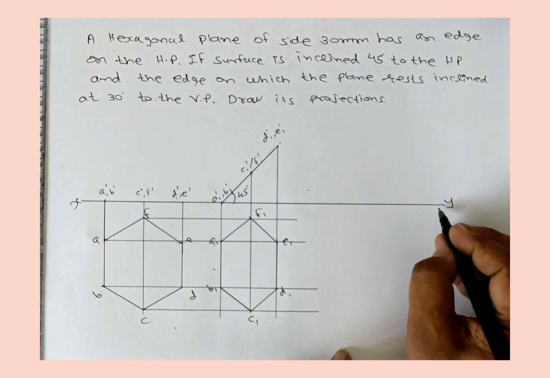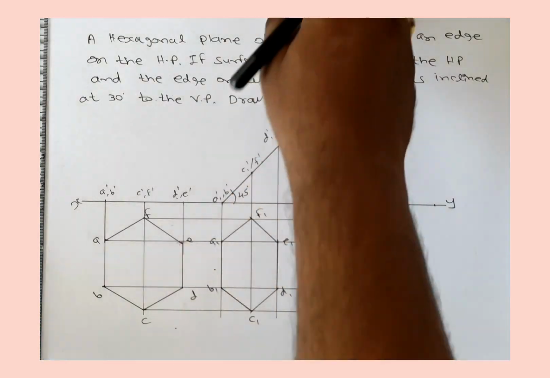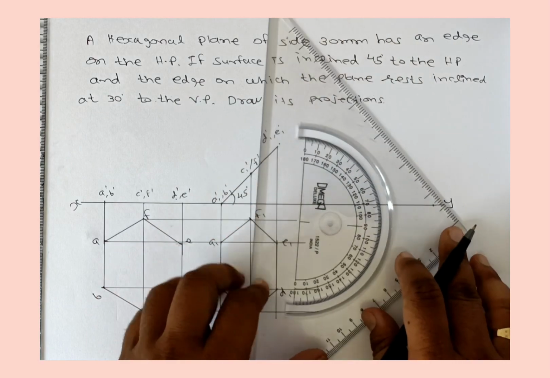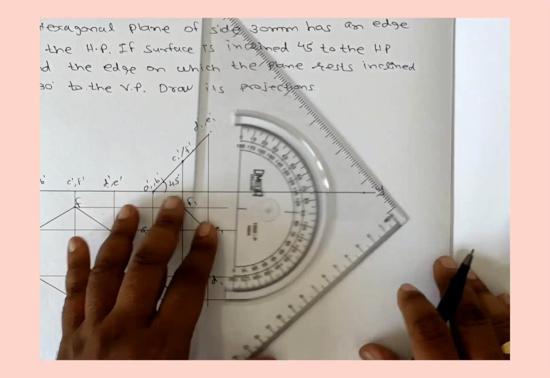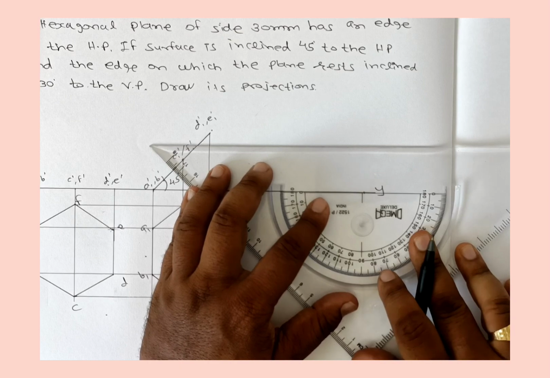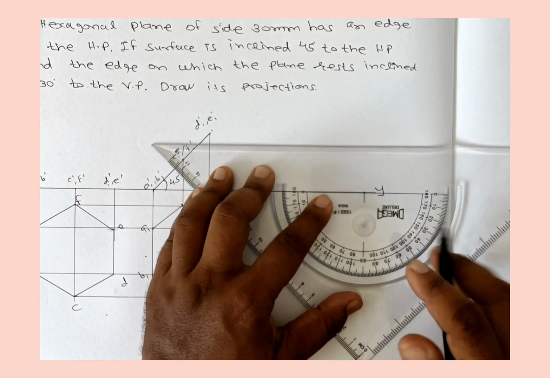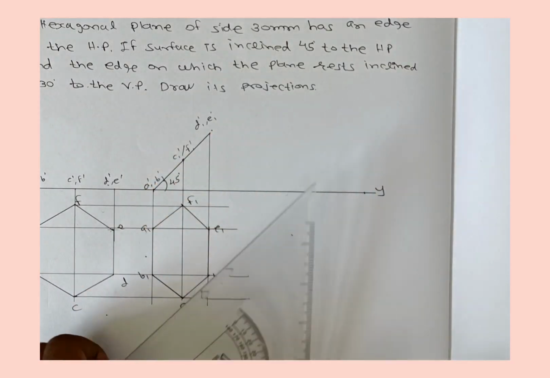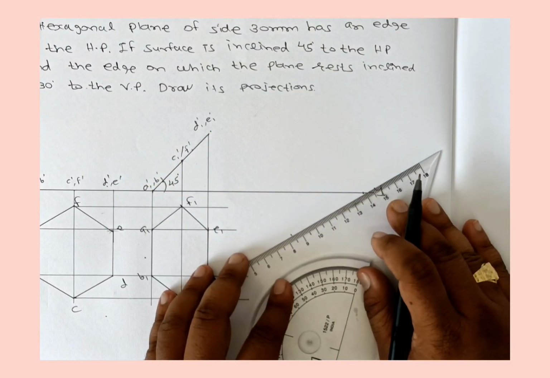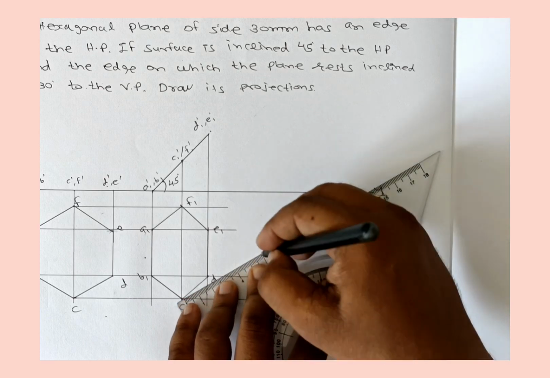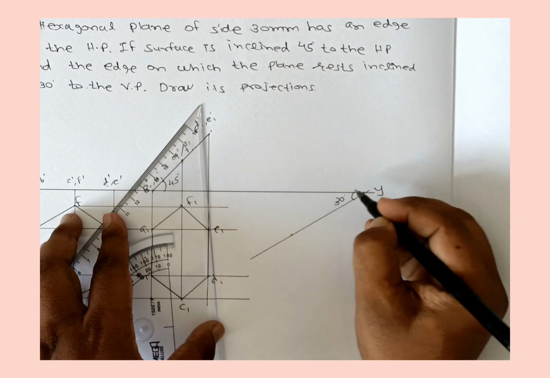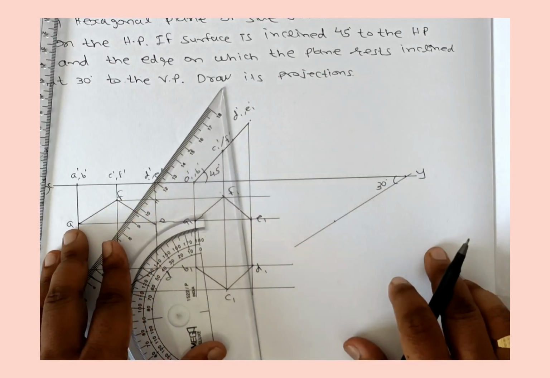Okay, so from this point we have to draw 30 degree to the VP. So here 10, 20, 30, this is 30. You can take any line. Okay, this is 30 degree to the VP.